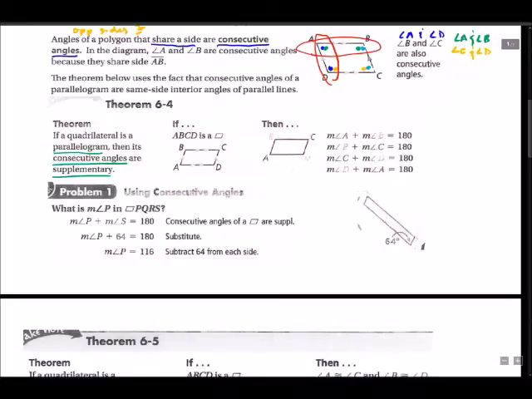So let's take a look at why this is. We know that those two lines, those two sides, opposite sides are parallel. And look, we've got a transversal here. And what do you see? I see same side interior angles, right? Purple's parallel.